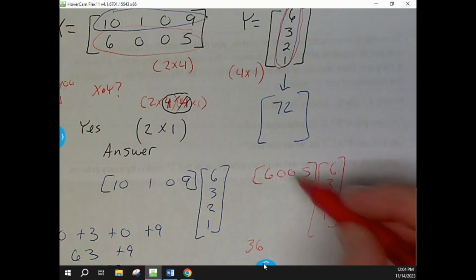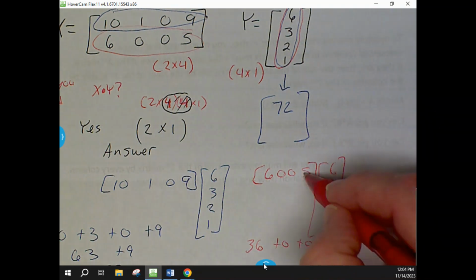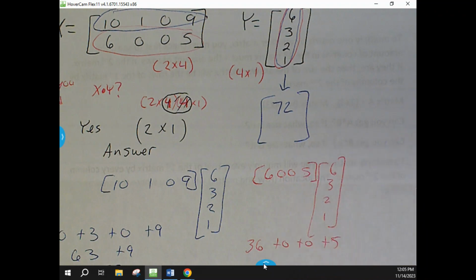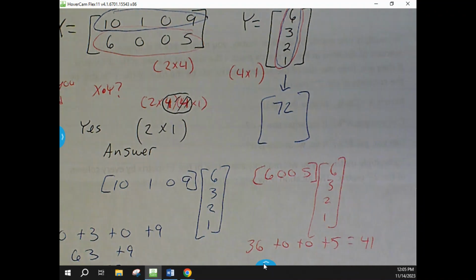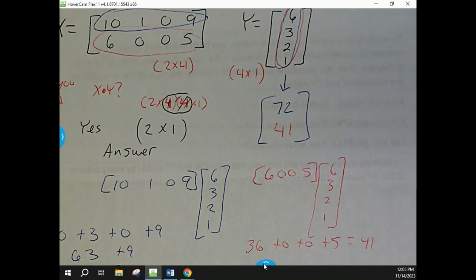The good thing is it was zeros. 0 times 3 is still 0. 0 times 2 is still 0. And 5 times 1 is 5. Add all that together, that's 41. So 41 is going to go there.